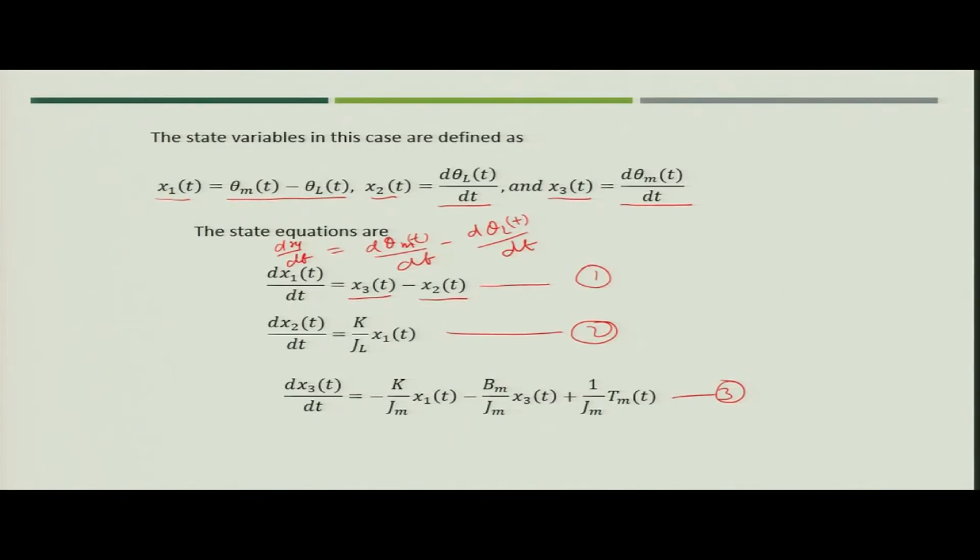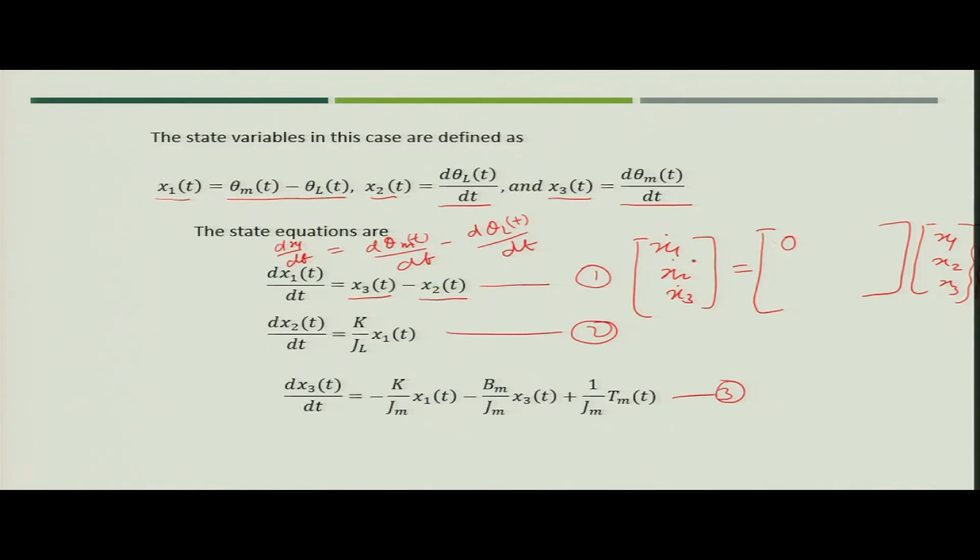Now, you can compile it in state space format. So, what you can write? x1 dot, x2 dot, x3 dot equal to the matrix A. So, matrix A you can compile easily from here by putting x1, x2, x3 here. So, what will be the value in case of first equation?